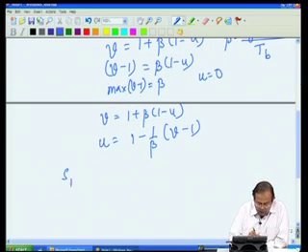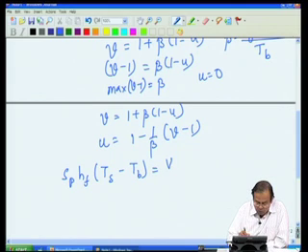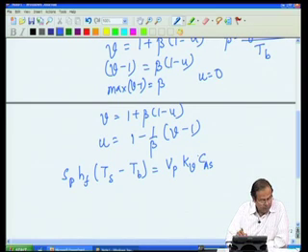So, we have Sp into Hf into Ts minus T bulk equal to Vp into, let us say, rate constant Kv into rate of reaction CAS. This is all at the temperature of the surface. Okay.